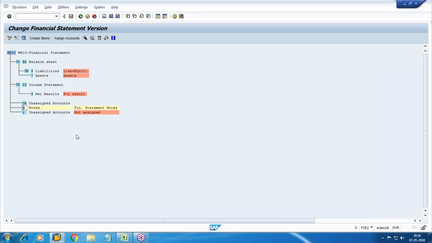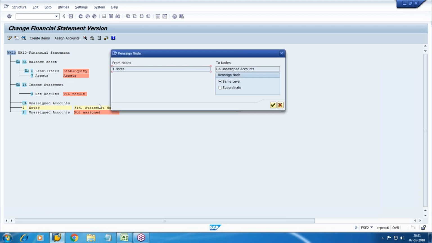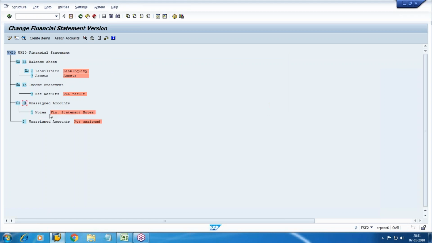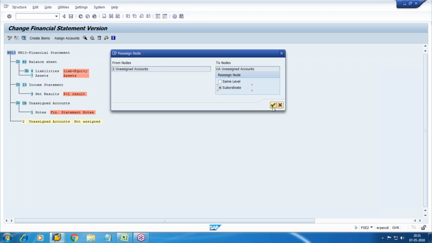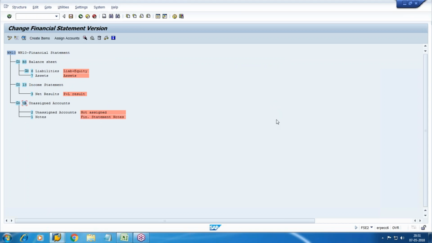Select, assign here. So main head created, unassigned account, income statement, and balance sheet. Now keep on expanding one and work on other areas.